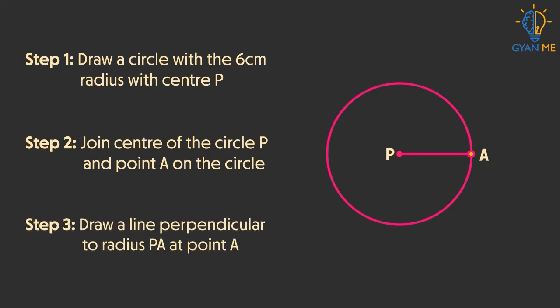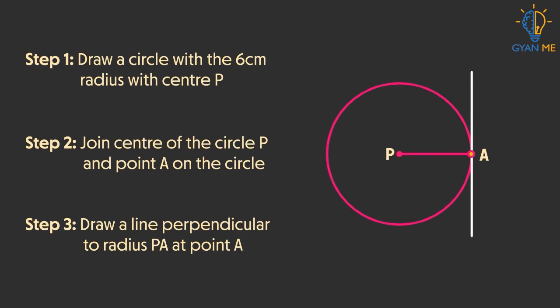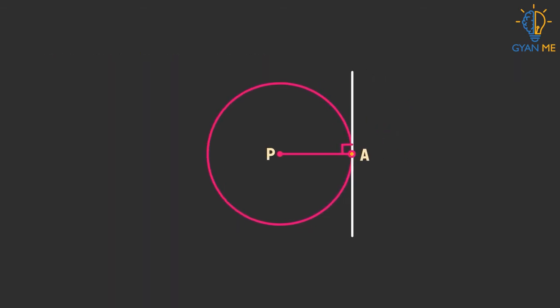Step 3. Draw a line perpendicular to radius PA at point A. For drawing perpendicular, we will draw a line which makes angle 90 degree with radius. And I am sure you know how to draw 90 degree angle. In case you don't remember, don't worry, it is easy.